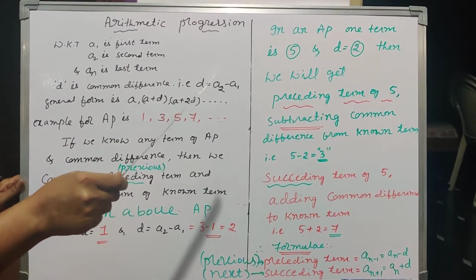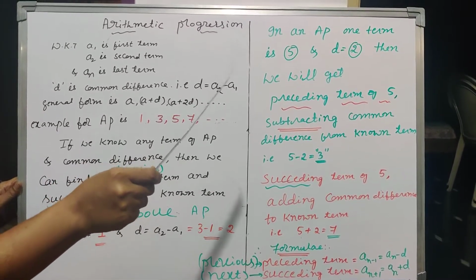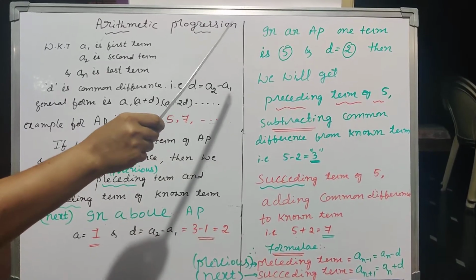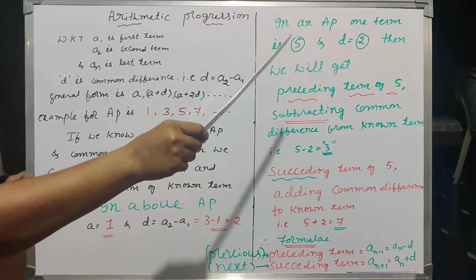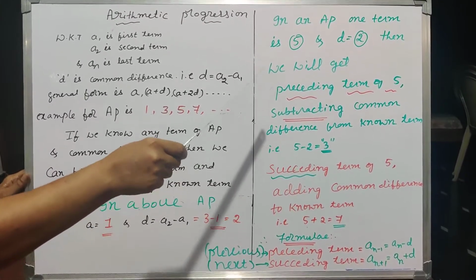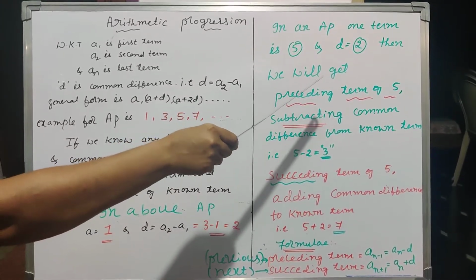In an AP, one term is 5, for example, and the common difference is 2. We don't know whether 5 is the first term or one term of the AP, and D is 2. Then we'll get the preceding term. Preceding term means previous term of that term. Here the term is 5.